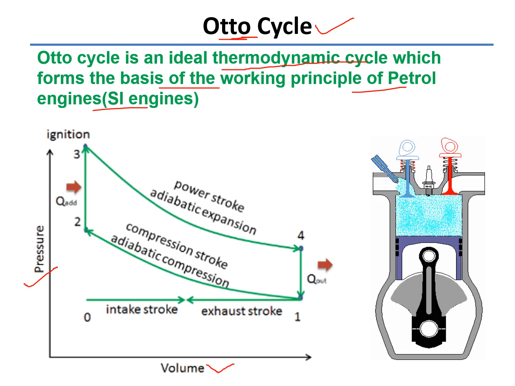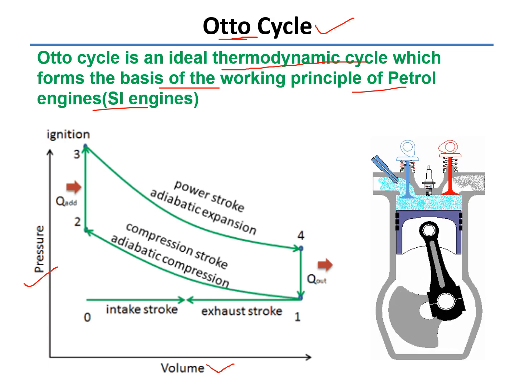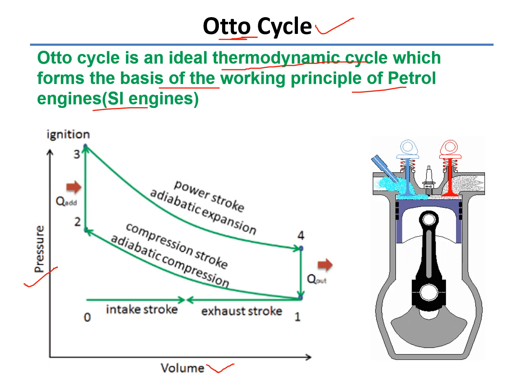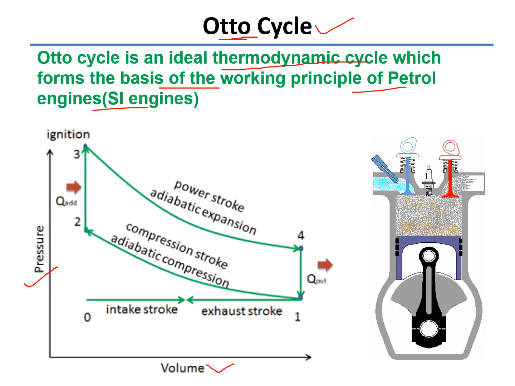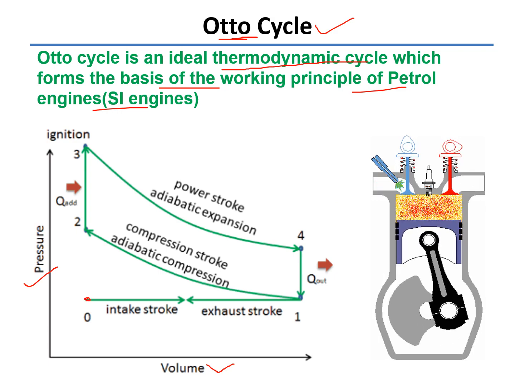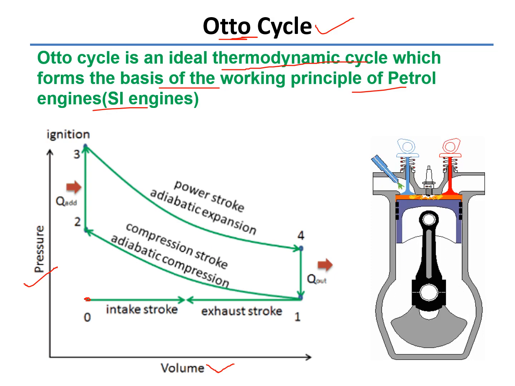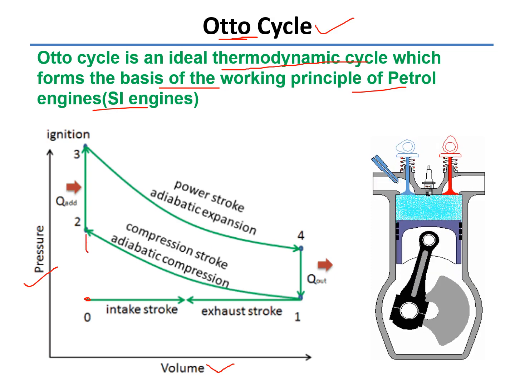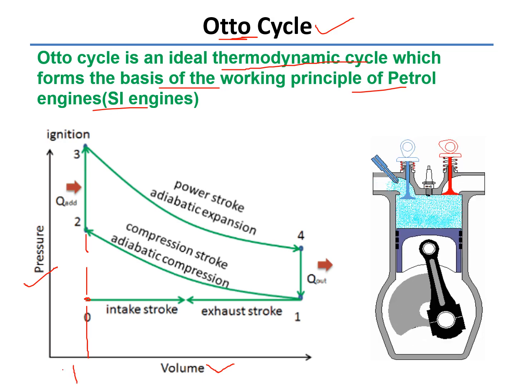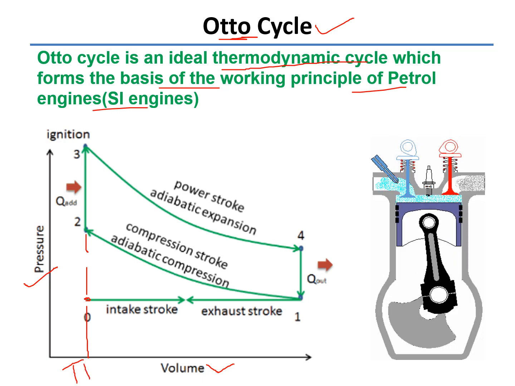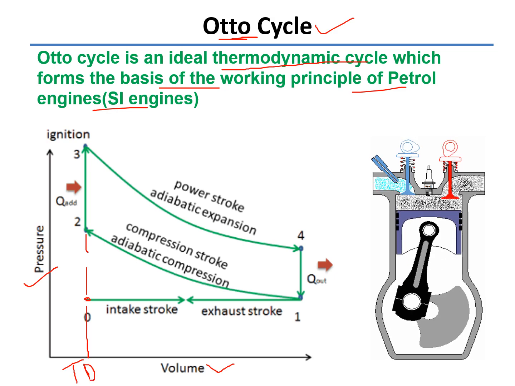Now again I will show you all the strokes or processes in this 4-stroke petrol engine in this Otto cycle. You see, first it will start from 0. So 0 means this particular position. If I mark this position here, this is the TDC, the top dead center of the piston, that is the topmost position of the piston.